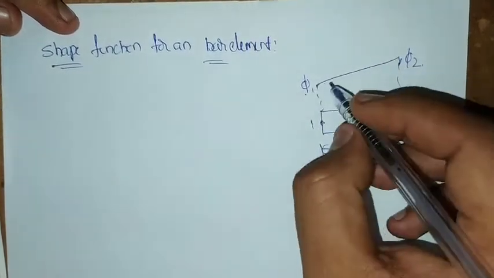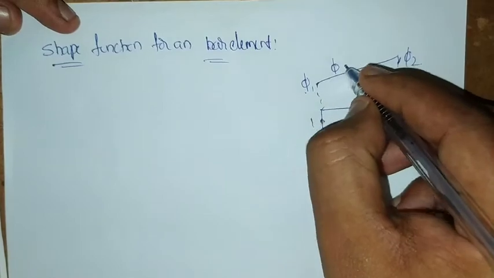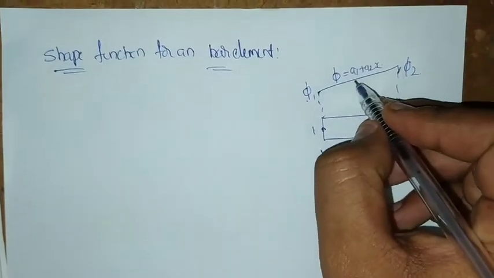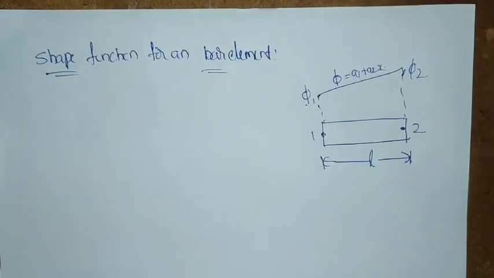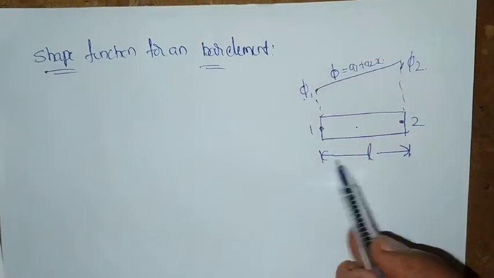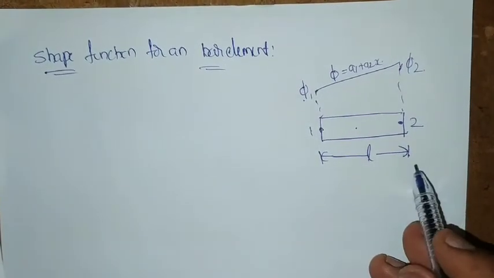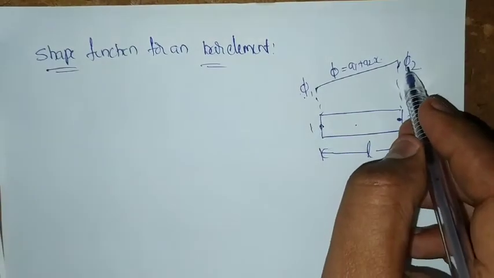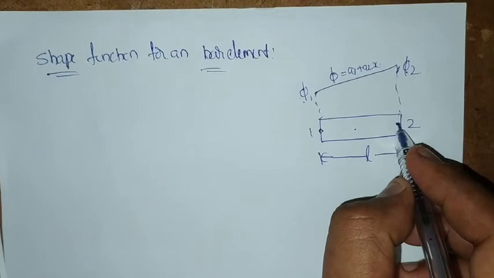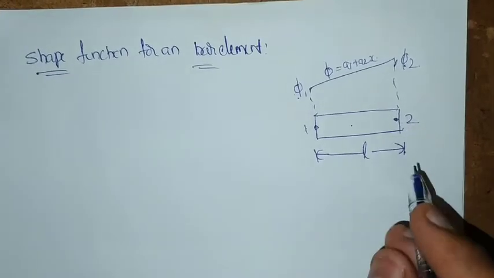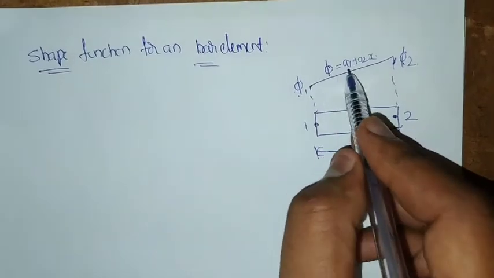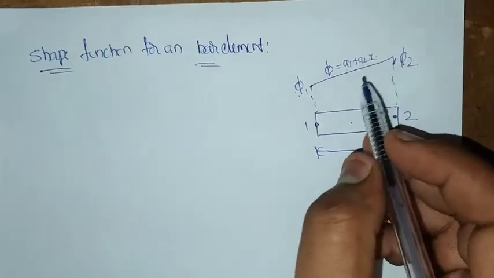With respect to these field variables, I am going to pick a polynomial equation, phi is equal to a1 plus a2 x.